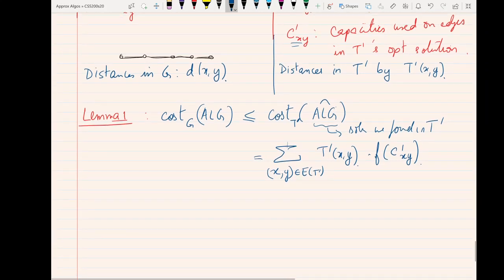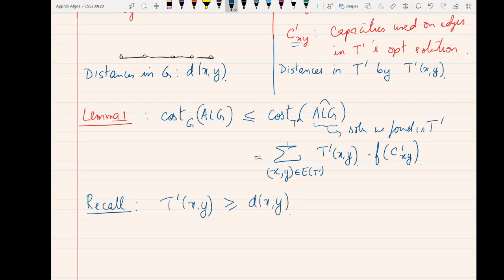At this point, it might be useful to recall how T prime relates to D. We know that T prime xy is greater than or equal to D of xy.